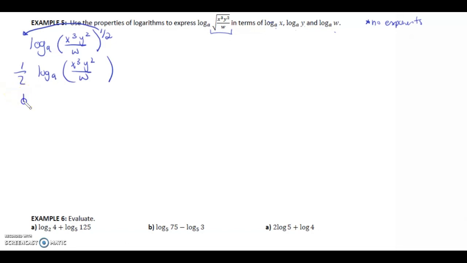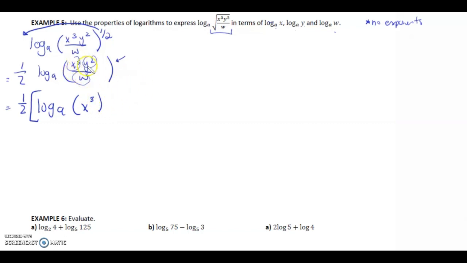So I'm going to bring down the 1/2 log base A, and now this fraction here I am going to split up. I'm going to do a big bracket because I'm going to rewrite x cubed, y squared, and w completely separately.